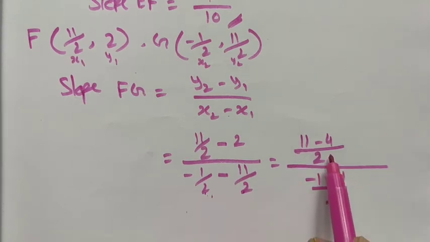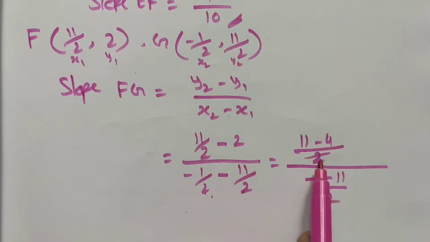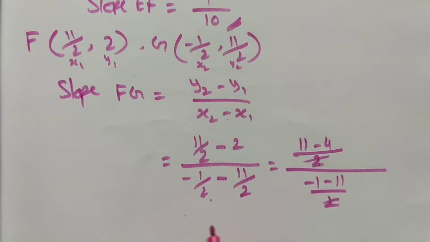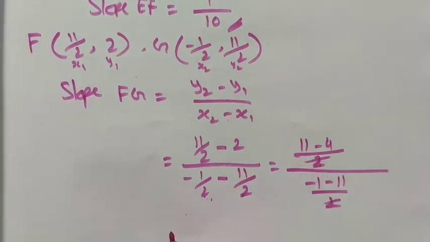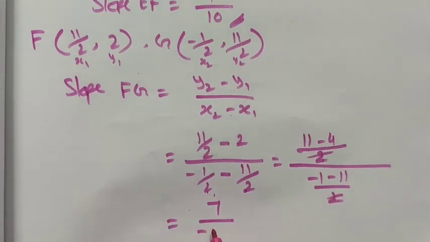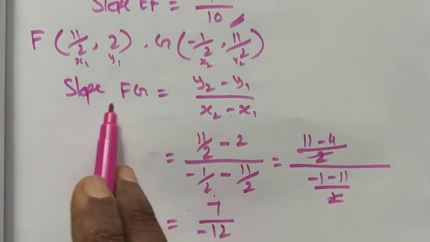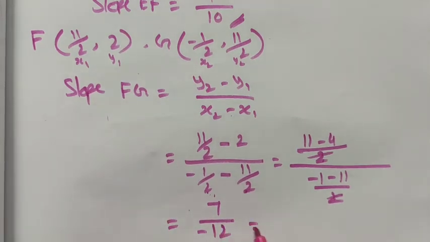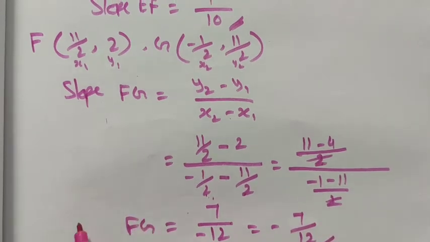The denominator 2 in both will be cancelled. Then we get 7 divided by minus 1 minus 11, which is minus 12. So the slope of FG is minus 7 divided by 12.